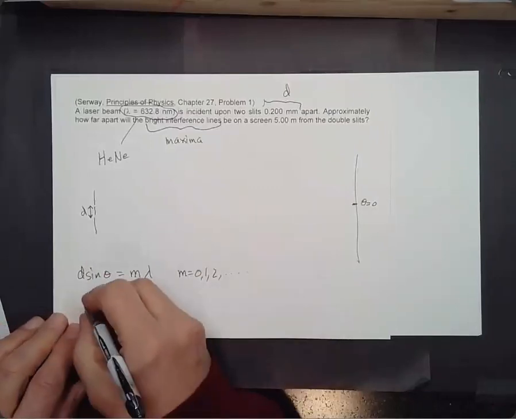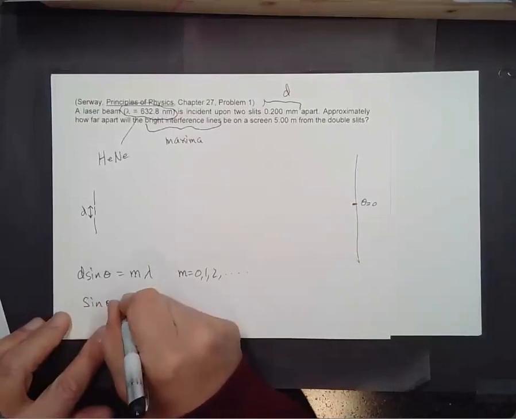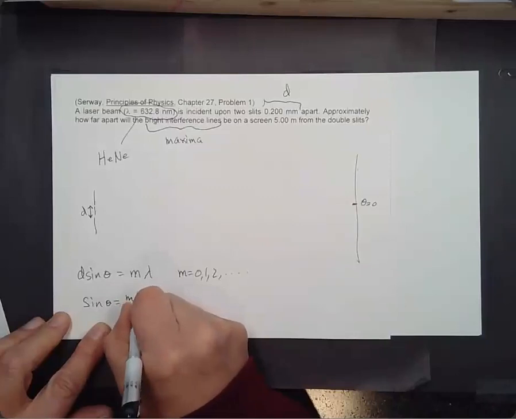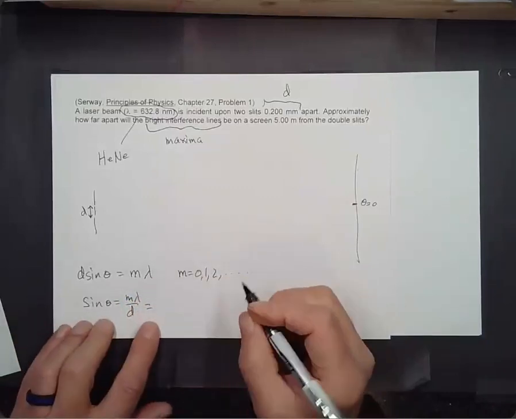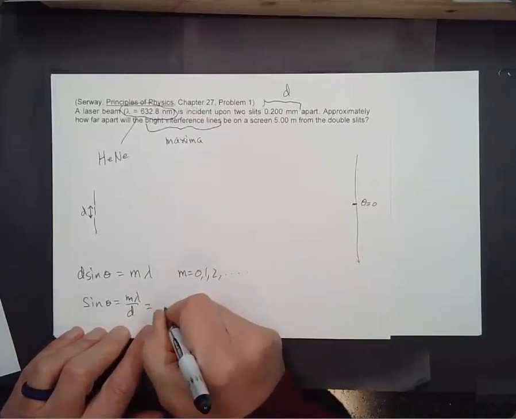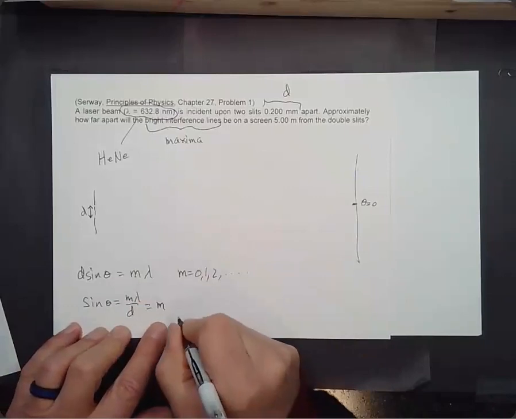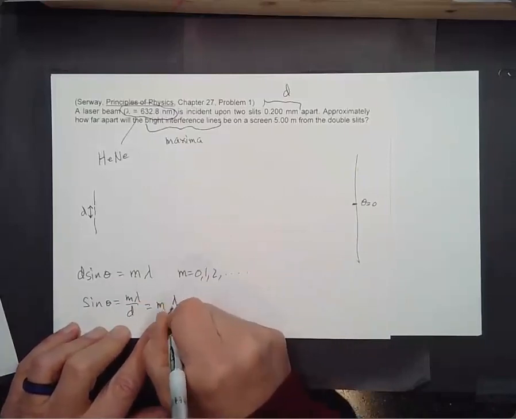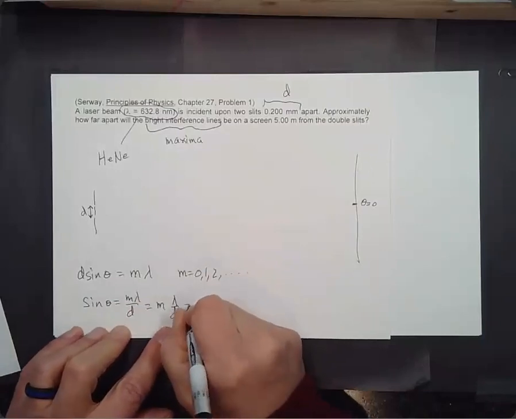In fact, we can go sine theta is going to equal m times lambda divided by d, and we'll see how this works out. M, I'm just going to leave alone, 0, 1, 2, whatever. Lambda divided by d ends up being the crucial number here.